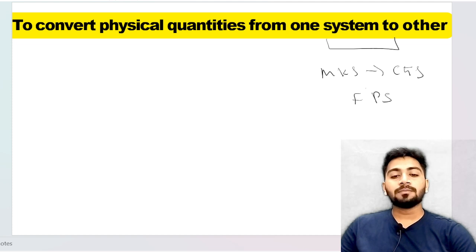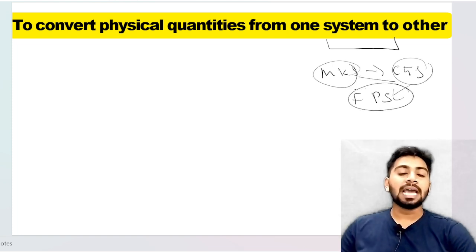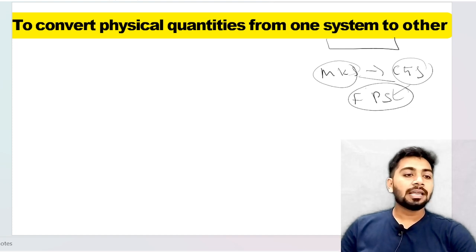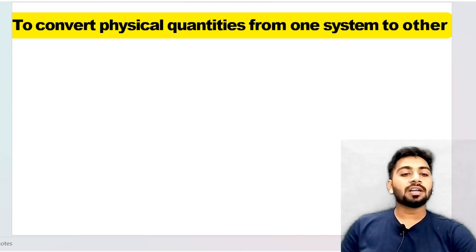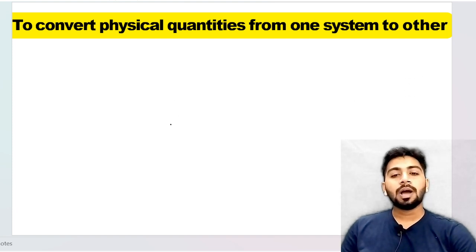We need to convert from one system to another by using dimension. Let's see how we can do it. The topic is conversion of physical quantities from one system to another system.